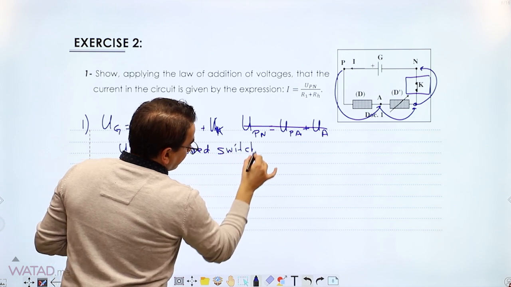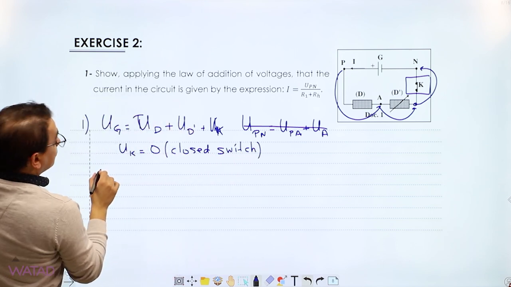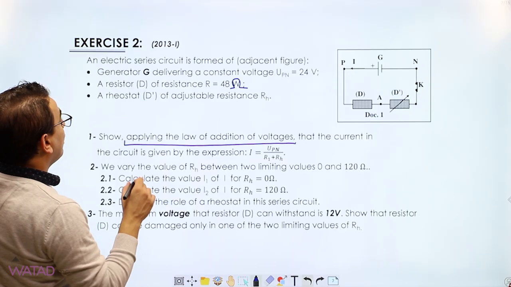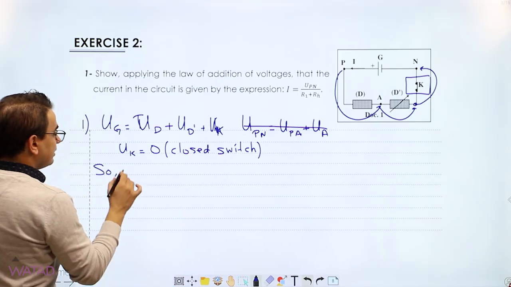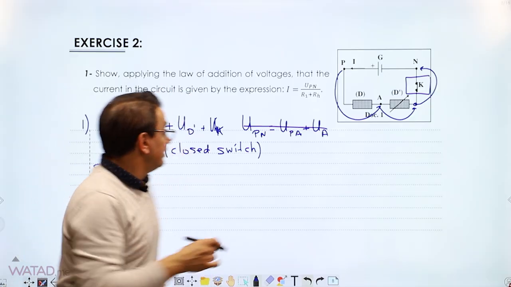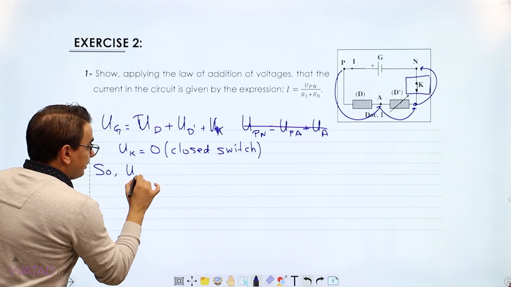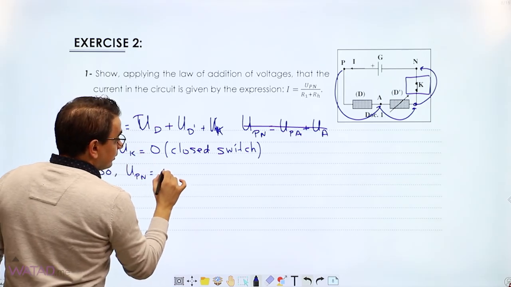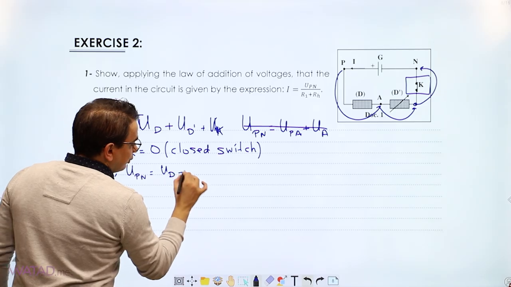So, if I'm not mistaken, U generator was 24 volts. Or you know what? We need to find that expression. We don't need to go into values. So UPN, which is the generator, equals UD plus UD prime.